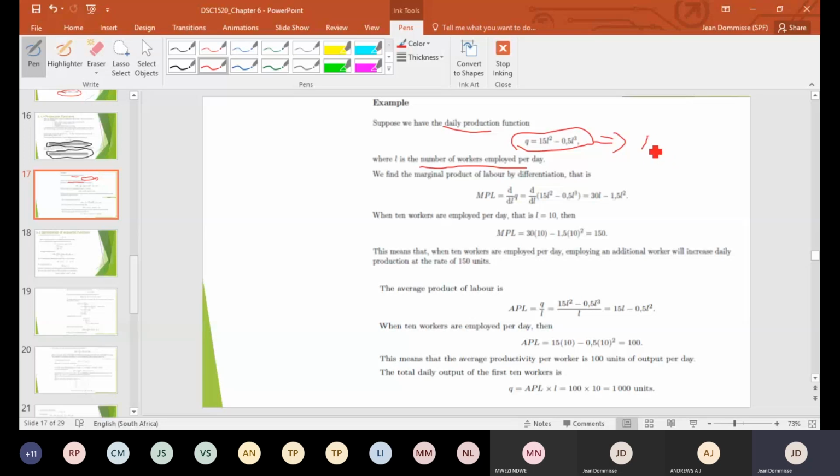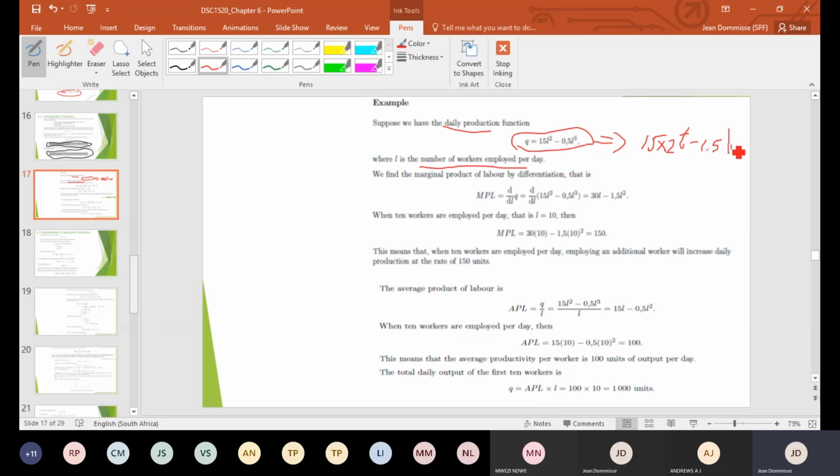Differentiate that, so it will be the 15 times 2, t to the power of 2 minus 1 gives me t to the power of 1, and then we still have a minus, so 3 times 0.5, 3 times 0.5 is 1.5.